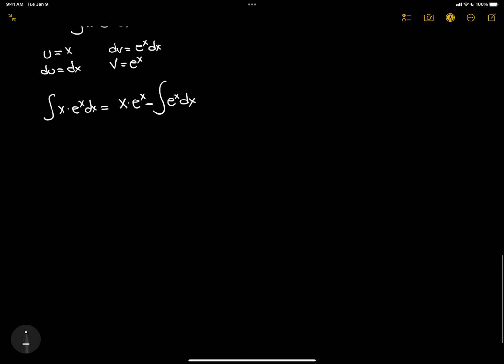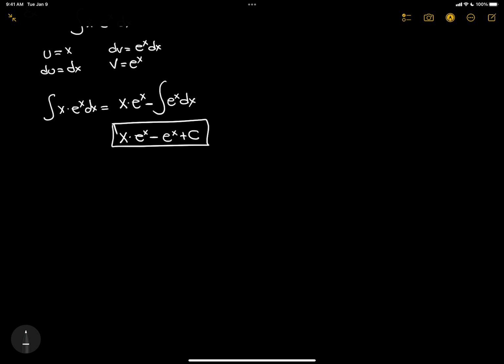To simplify this down, the integral of e to the x is just e to the x. And so this now becomes x times e to the x minus e to the x plus c.